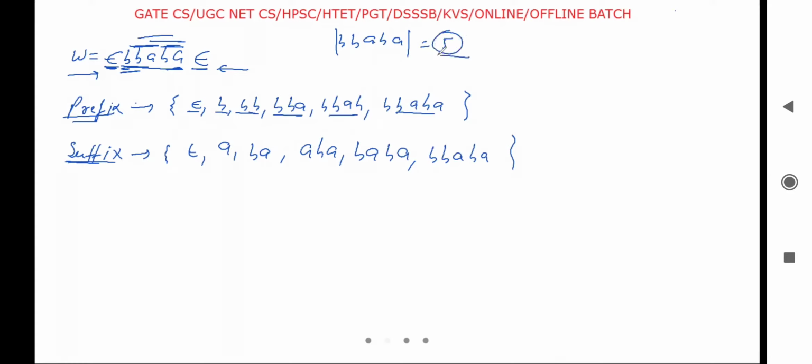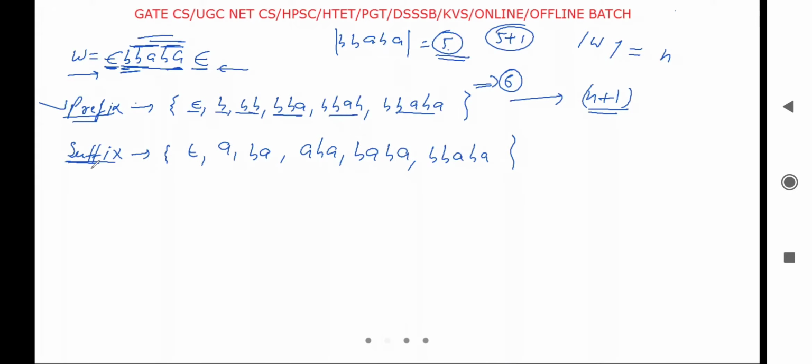If the length of the string is 5, then prefixes are 6. How is it 6? It is 5 plus 1. So if the length of a string is n, then the number of prefixes is n plus 1.